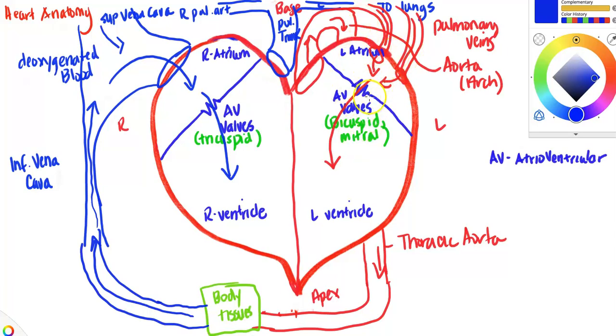All right, so there are a couple of holes, I guess, sort of in the heart. Here in the right atria is where the coronary sinus is. Let's put the name over here.